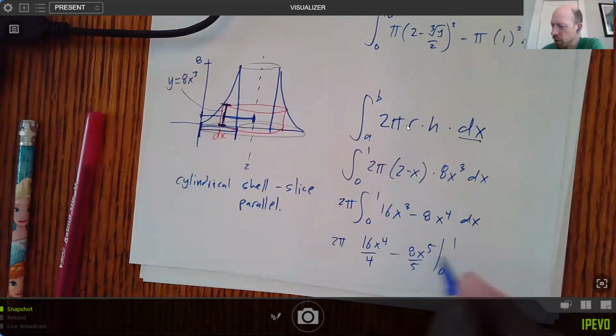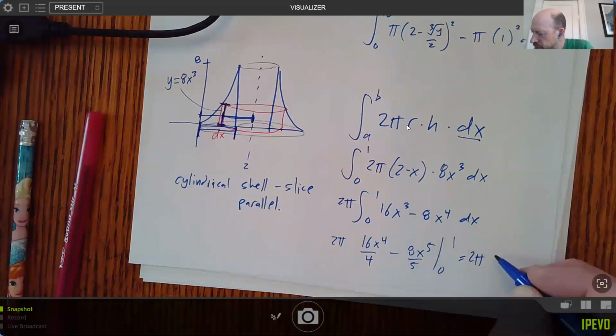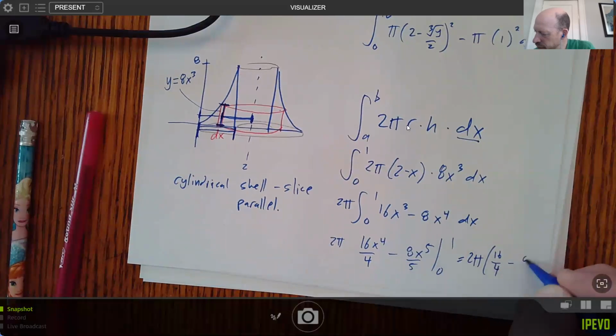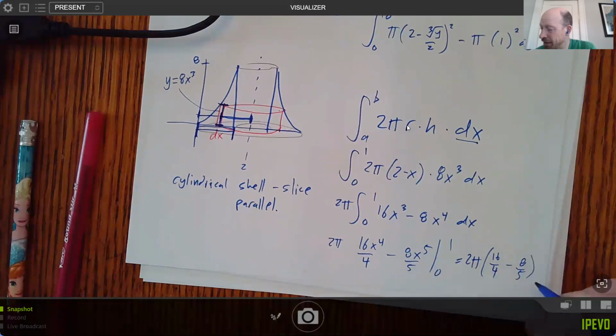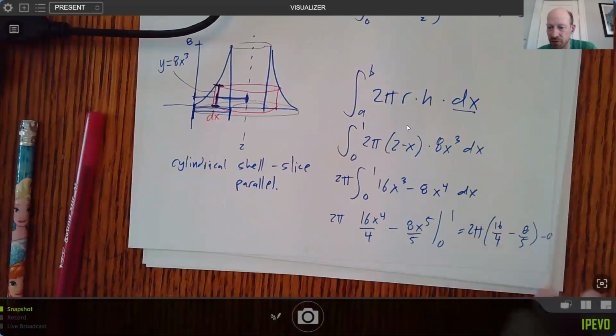So I put in 1 and I get 16 over 4 minus 8 over 5 minus 0, right? When I put in 0, I get 0 there. So that's 4 minus 8/5, 20/5 minus 8/5 is 12/5 times 2.